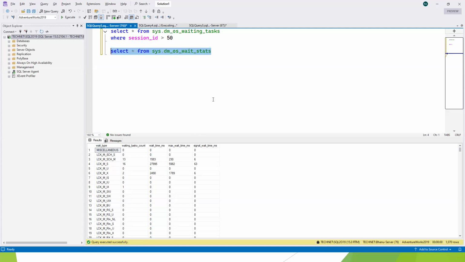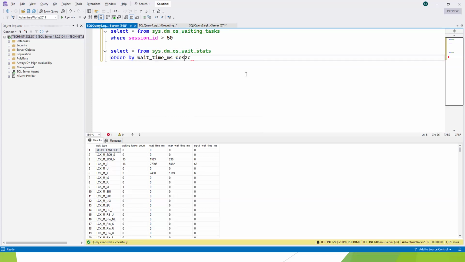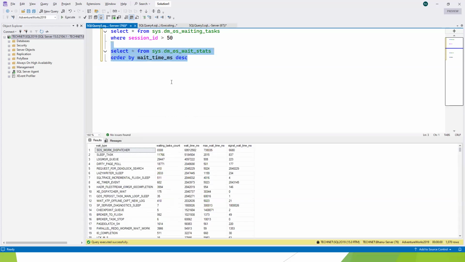It is historical information if you want to gather. This is where it will give. But historical as in since when? Since the SQL service was restarted. Descending. I'll give you a few queries because I have that, where we will have to join multiple things, tasks and all, to understand the top wait tasks, top wait resources that you see, right?